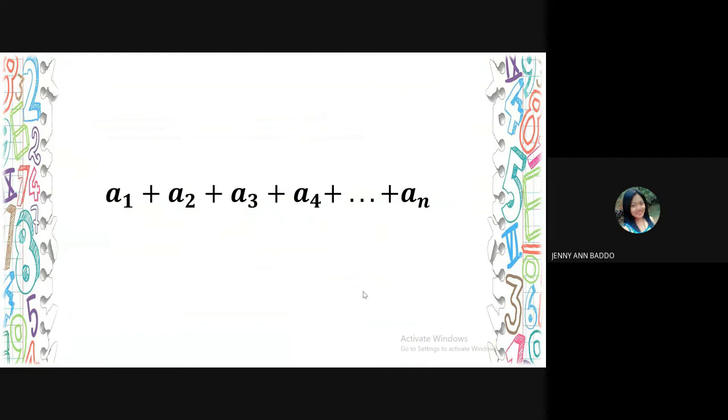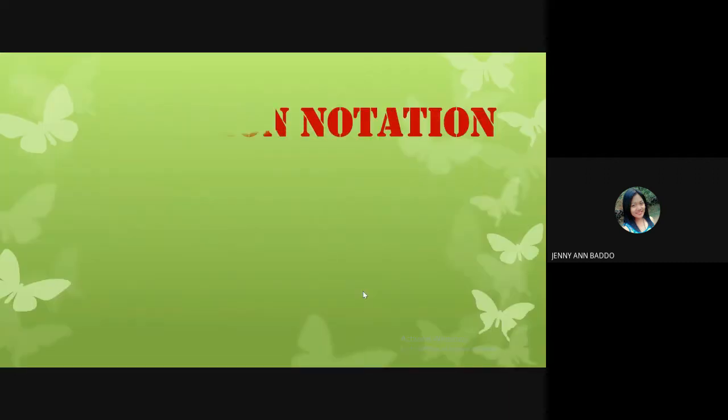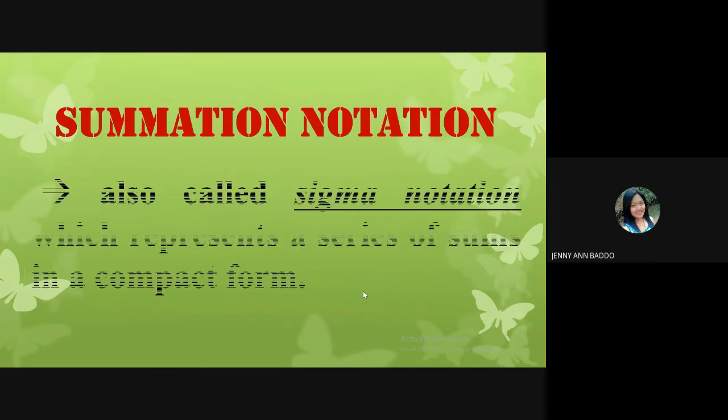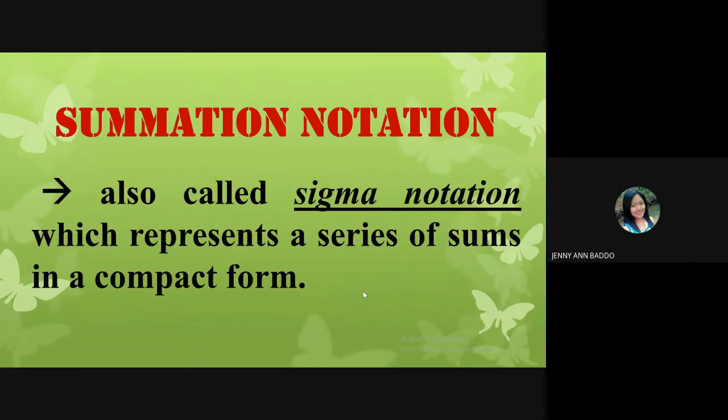Now, the most convenient shorthand notation for sum like this involves the summation notation. And what is this summation notation? It is also known as the sigma notation, which represents a series of sums in a compact form.